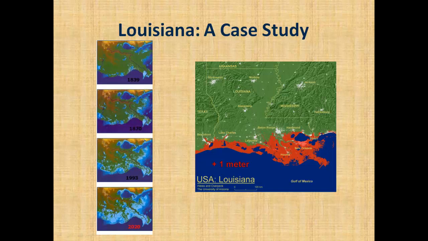Half of the nation's wetlands were lost in the past 200 years, which equals about 300 million acres of Louisiana.